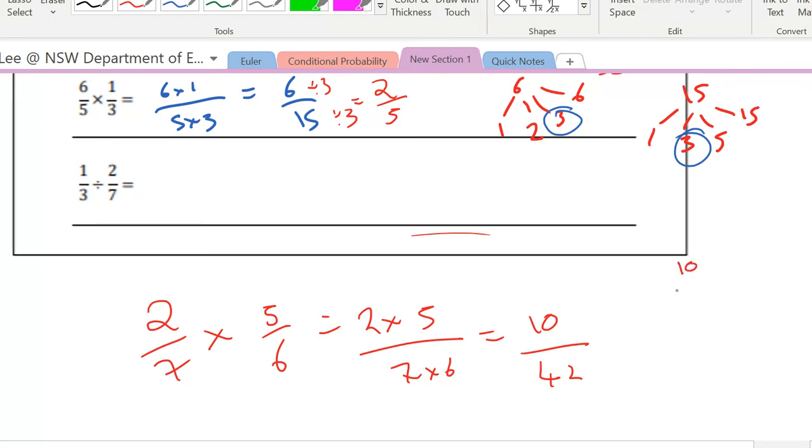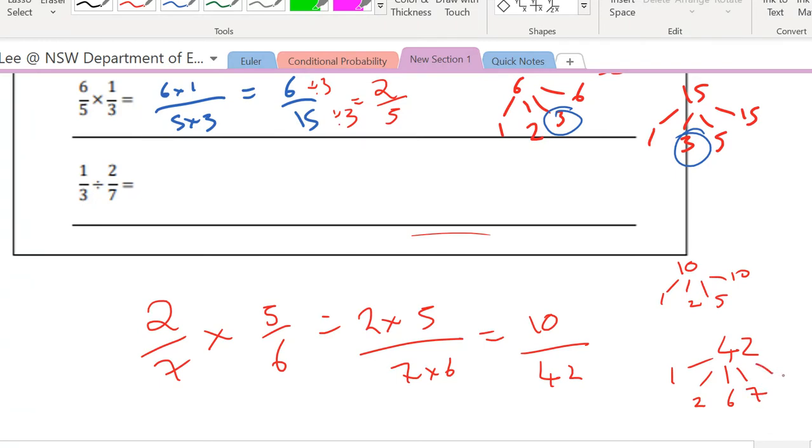And let's consider the factors of 10: 1, 2, 5, and 10. Let's consider the factors of 42. We've got 1, 2. Does 4 go in? No. Does 3 go in? No. 7 6s are 42. 7.